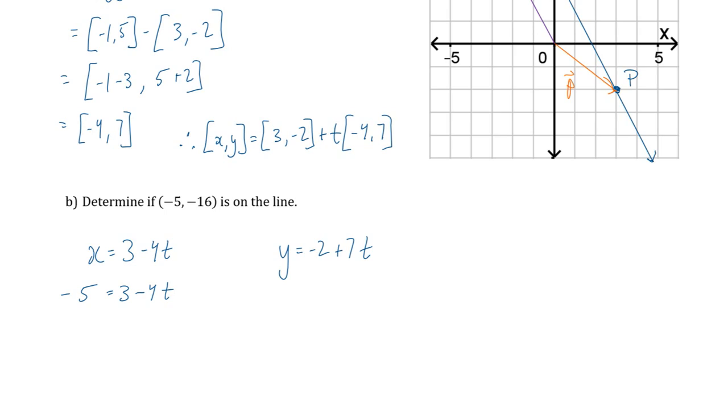So subtracting 3 from both sides, dividing by negative 4, I get t equals 2. Then again, subbing negative 16 in, I add 2 to both sides, so I get negative 14.